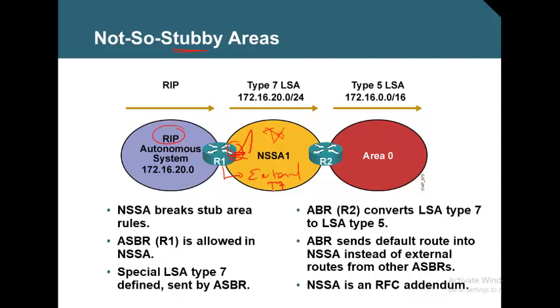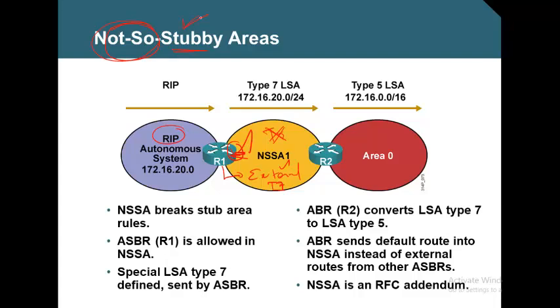Because of this type 7 update, I am able to receive external. I have external, but I don't have type 5. That is why it is not so stubby. Not so stub area.